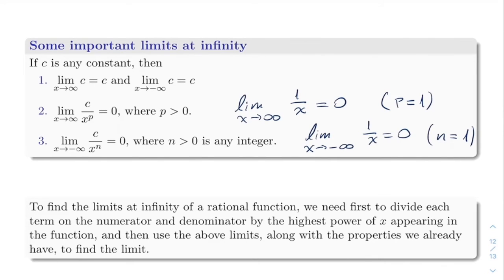So now the trick to find limits at infinity of a more complicated rational function is to first divide each term in the numerator and denominator by the highest power of x that appears in the function. And after doing that, we will use the three limits that we just mentioned to compute the final limit. Let's see with an example how to do this.